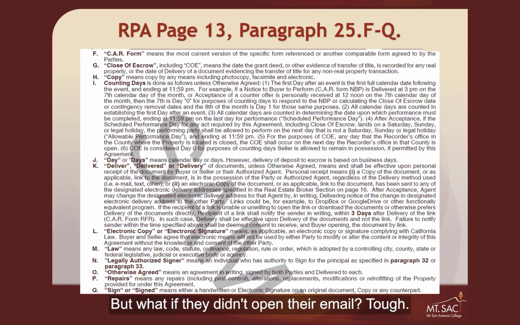Well, what if they didn't open their email? Tough. You now have to open your email, okay? You need to open your email, all right? Real estate's a 24/7 business. You need to open your email, because if I hit send and that email doesn't bounce back and I can show in my sent box that it went to the right email address, it's been delivered.